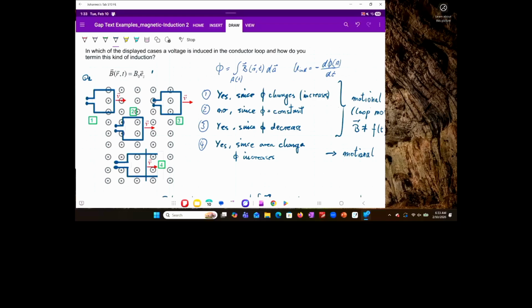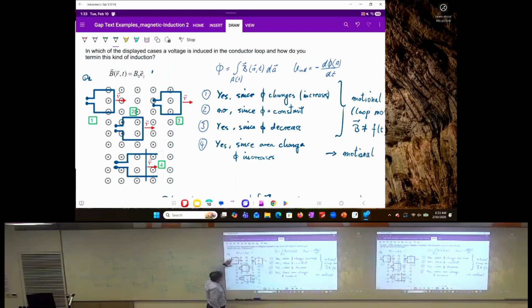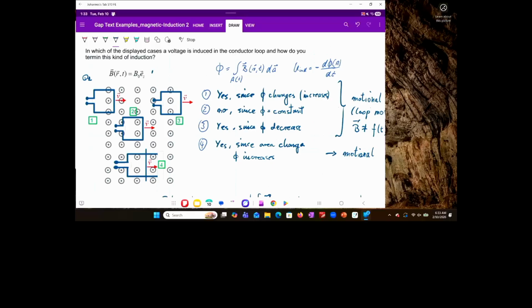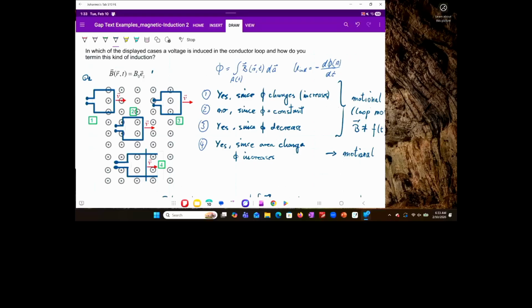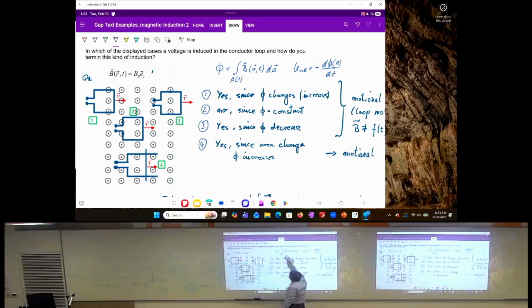And as you move the loop in this direction towards an X direction, then at that point where it starts to enter that field, you start to build up a flux inside. And the flux is given by integrating the magnetic flux density over the area that is enclosed by this loop.